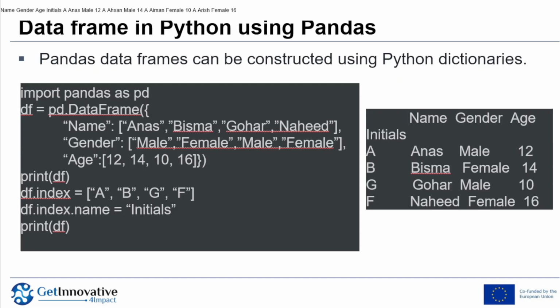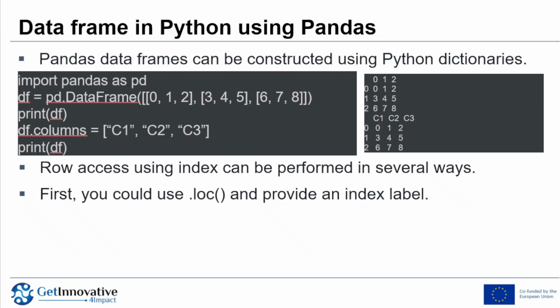We have to first import the pandas library as pd, then write df equals pd.DataFrame and put the values that would be imported as the array.